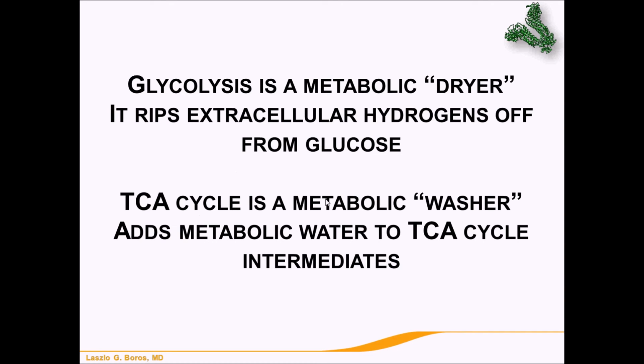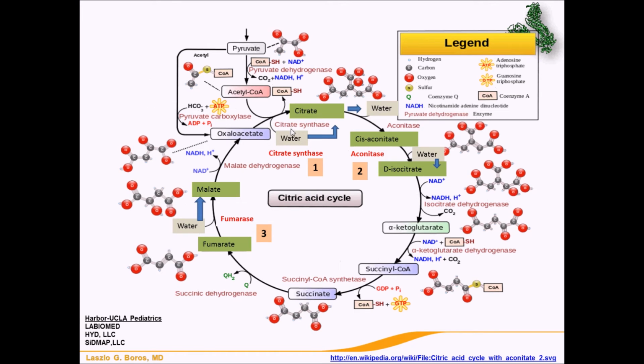And the TCA cycle has the same, yet the opposite role, and it acts like a washer, and it hydrates. It adds metabolic water to TCA cycle intermediates and metabolites, and I'm going to show you how. Citrate synthase uses a water molecule from the matrix, which is deuterium depleted.